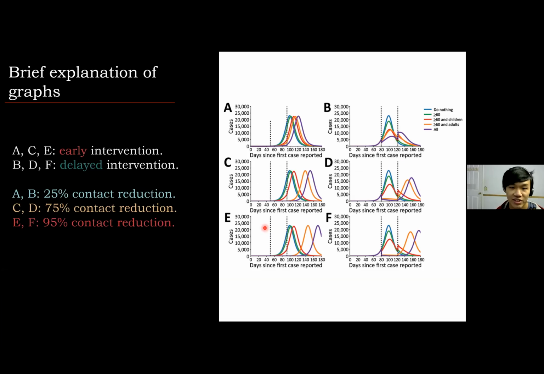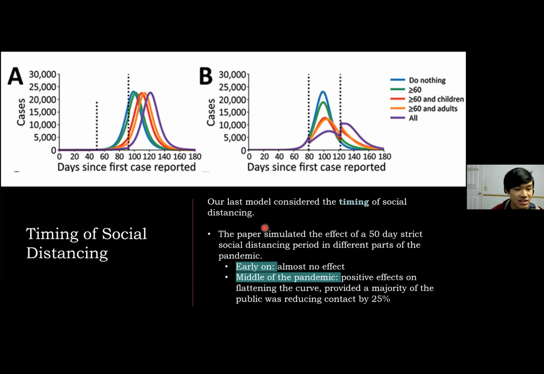So in these graphs, A, C, and E represent an early intervention that we saw previously, and B, D, and F represent the delayed intervention, where we're now starting the social distancing rules 80 days after the first case instead of 50. The top 2 are a 25% contact reduction, C and D are a 75% contact reduction, and E and F are a 95% contact reduction. And now I'll let Justin talk about the results of this study.